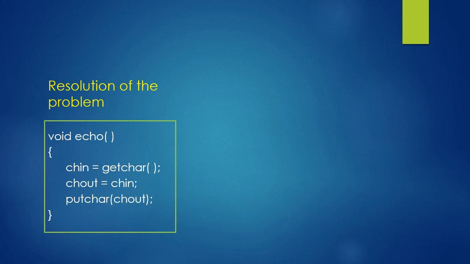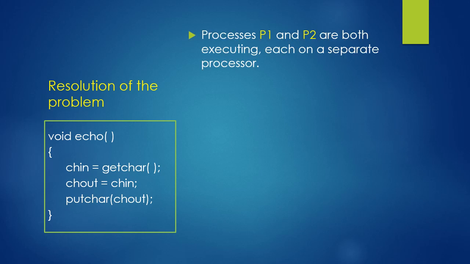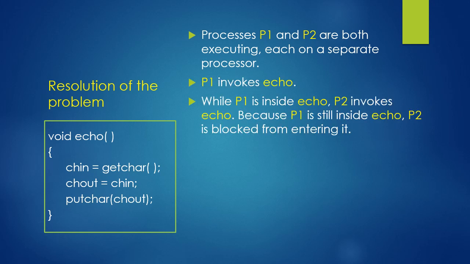Now let's look at resolution of the problem on the multiprocessor system. Again, we enforce the rule that only one process at a time may be in echo. Processes P1 and P2 are both executing, each on a separate processor. P1 invokes the echo procedure.